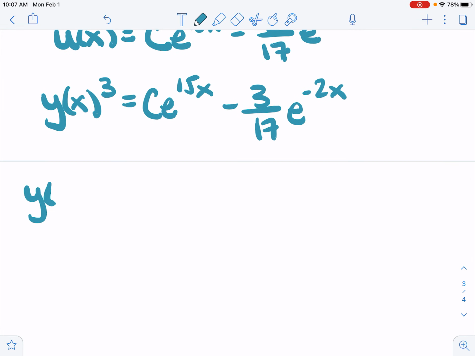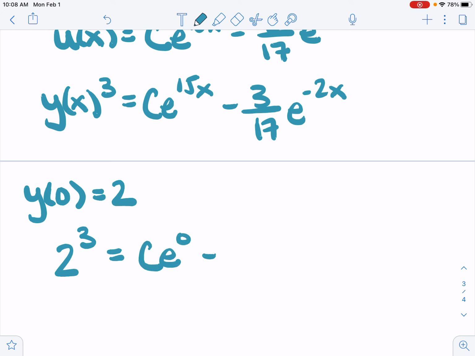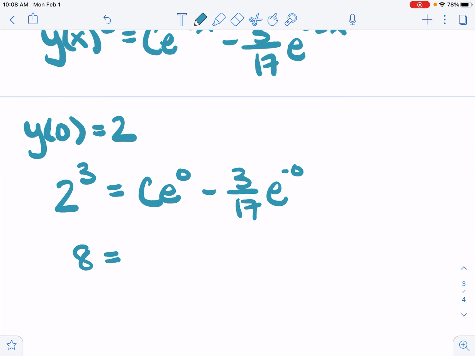If we plug in a 0 for x and a 2 for y, we get 2 cubed equals c e to the 0 minus 3/17 e to the -0. So that's 8 equals c minus 3/17. So c equals 8 plus 3/17.